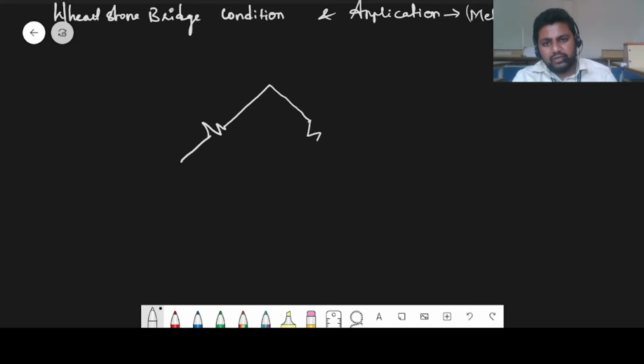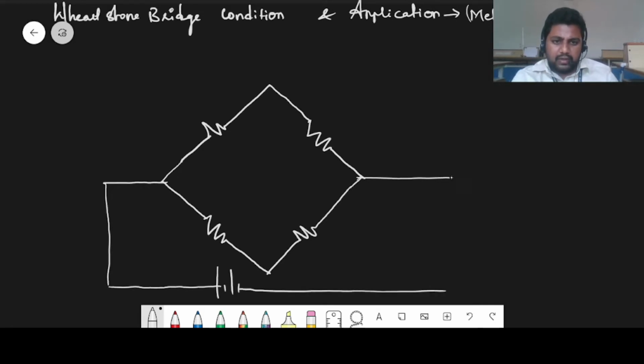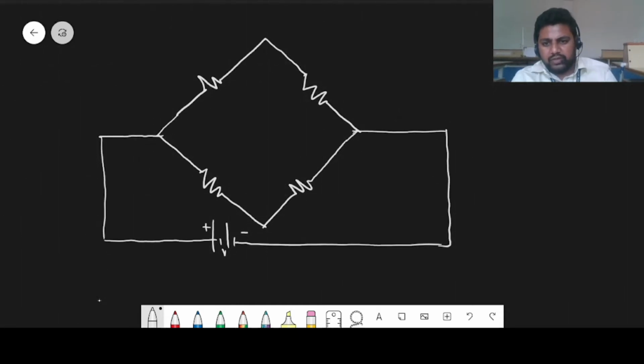In this, he has used four different resistors, and they are connected in this manner with an external battery. If this is having a potential V, this is positive and this is negative. Current always moves from higher potential to lower potential, that is from positive to negative. So this is what I.